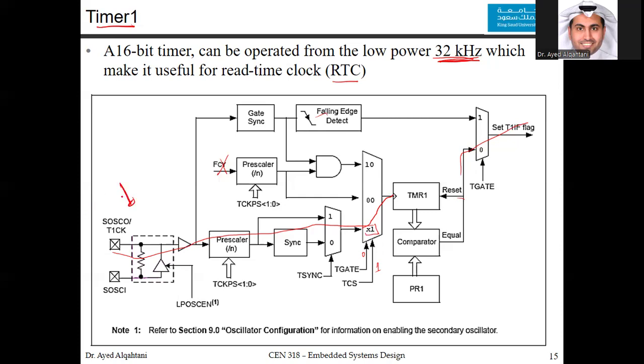So we cannot combine it with any other timer. Also, this frequency is like a rounding for the clock. It's actually 32.768, and we will revisit this when we talk about the oscillator.